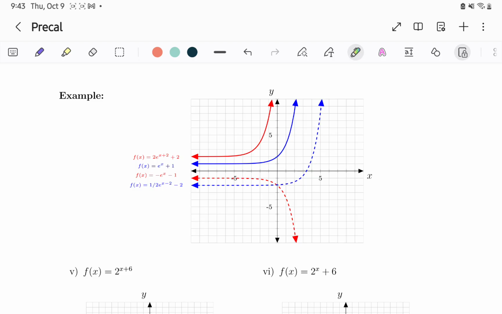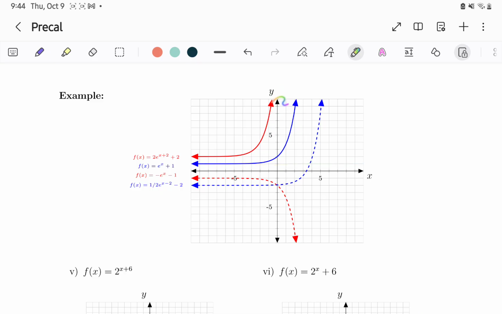Okay, and then the next one, we have graphed here in solid blue, the graph of f of x equals e to the x plus 1. So this is just a vertical shift, 1 unit upwards. And so again, like I've been saying, we can see that this graph in solid blue now has a horizontal asymptote with y equals 1.